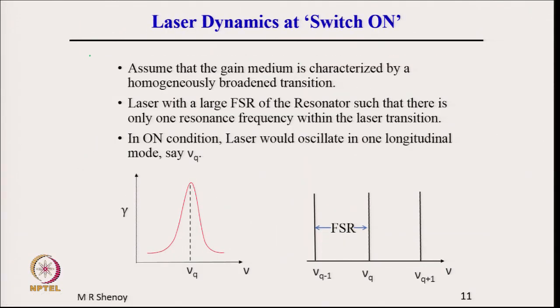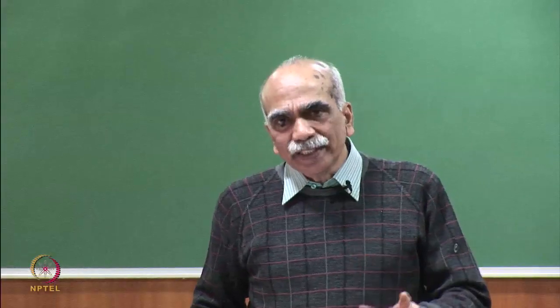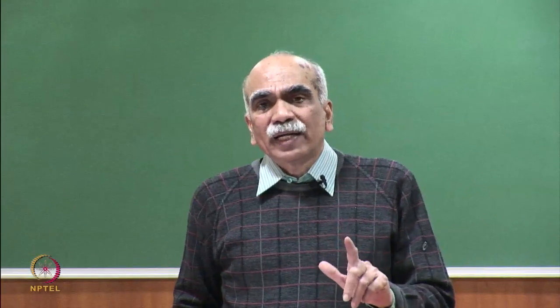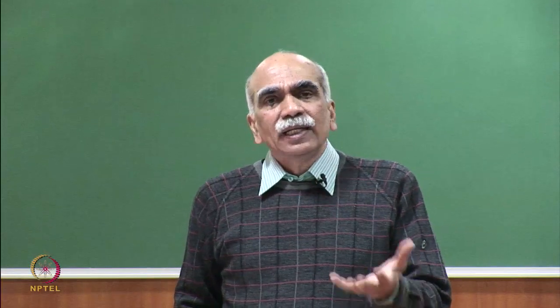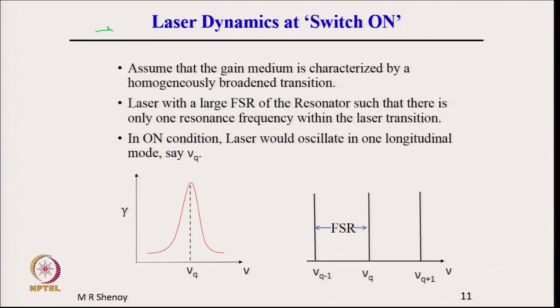All right. So, laser dynamics at switch on. Let us now discuss the laser dynamics at switch on. I must say that we will discuss this qualitatively here without mathematics, but conceptually. Let us assume that the gain medium is characterized by a homogeneously broadened transition. First, the cavity free spectral range is large enough so that there is only one resonance frequency within the laser transition.